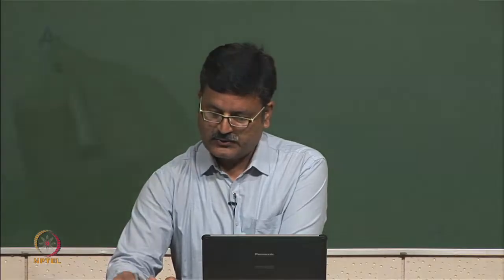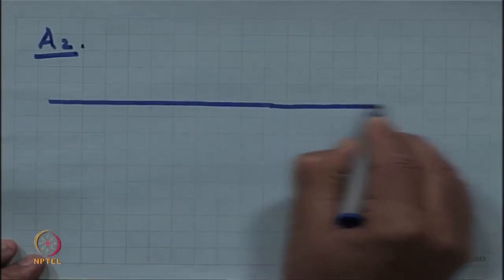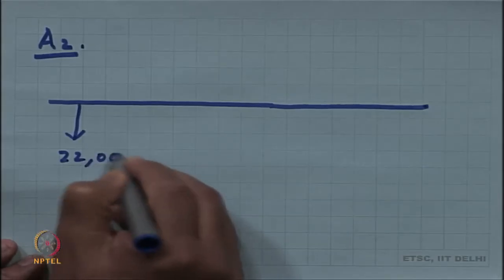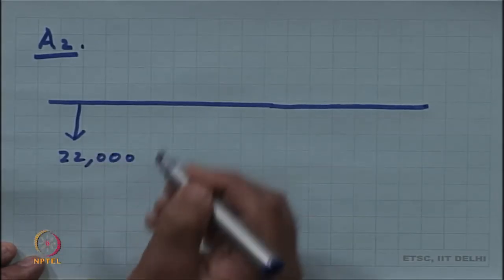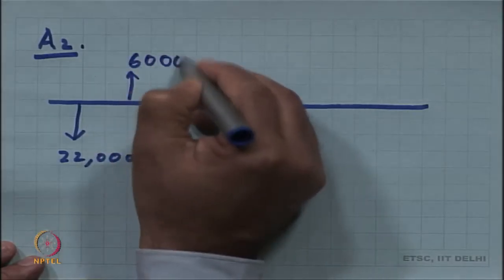So, it is A2, as you know, it requires 22,000 initial investment. At time t equal to 0, we have 22,000, and then every year it is giving me a benefit of 6,000 for the next 10 years.